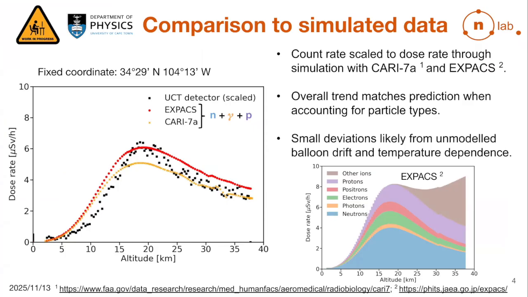And then we're also looking at another simulation software called EXPACS, which is used more in scientific literature. And here, what's really nice is we can see that the shape, at least, of our data looks about right. As we go up in altitude, we see that our count rate goes up. It peaks around 15 to 20 kilometers, which is expected, and then it goes back down again as we go further up.